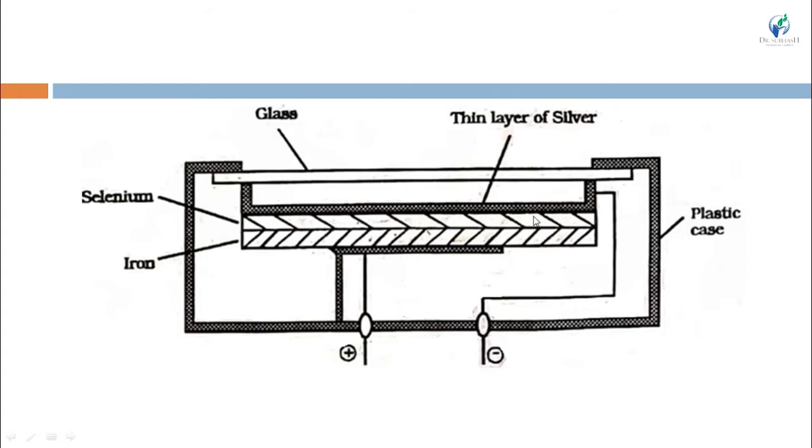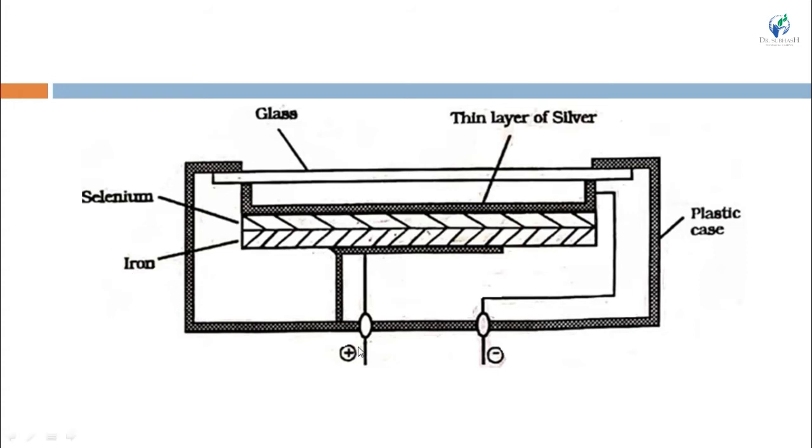This cathode and anode. So three layers are there in the photovoltaic cell or barrier layer cell. First one is aluminum or iron, then upon it a layer of selenium, and upon it a layer of silver or gold. Selenium acts as the semiconductor, aluminum acts as one electrode and the silver or gold acts as another electrode.